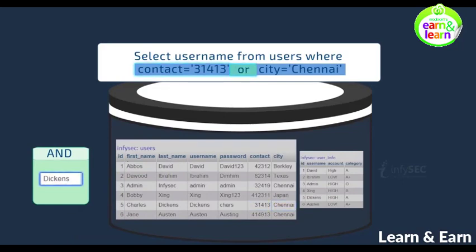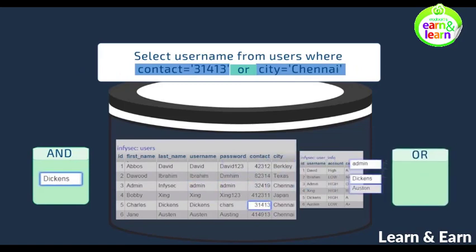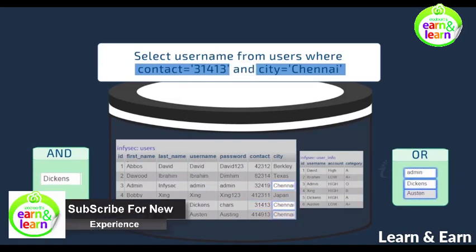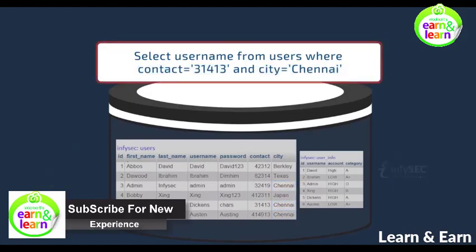On the other hand, OR operator fetches a record if either the first condition or the second condition is true. In the same example, when an OR operator is used in this select statement, it fetches records of users who have either given the contact number or the city as that of the user input. This is how a select statement works.